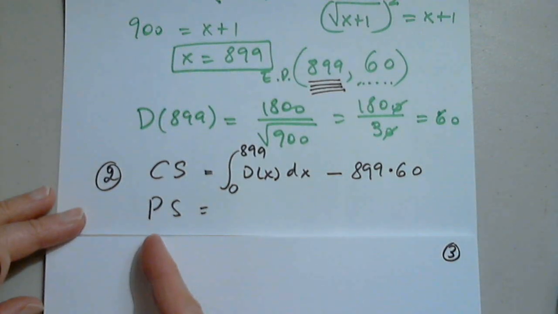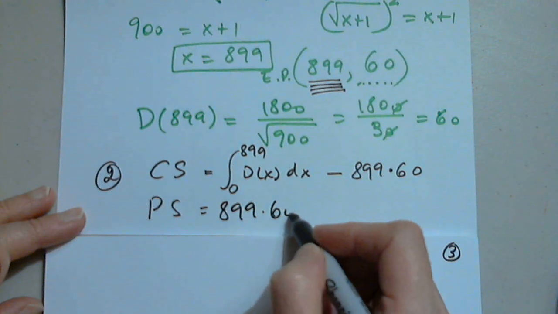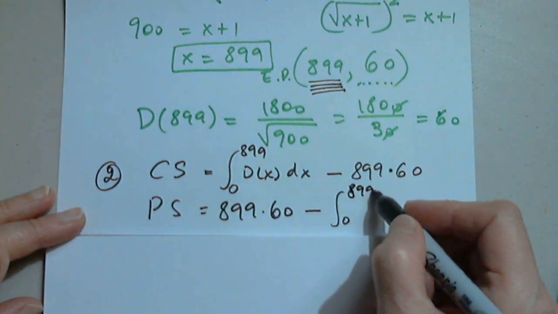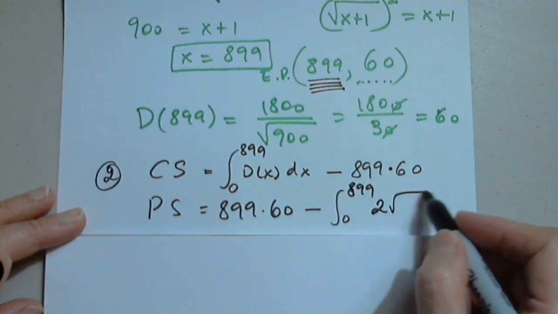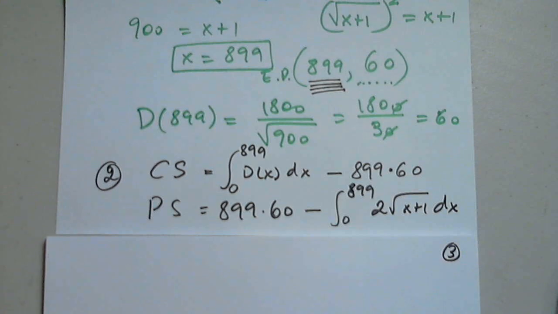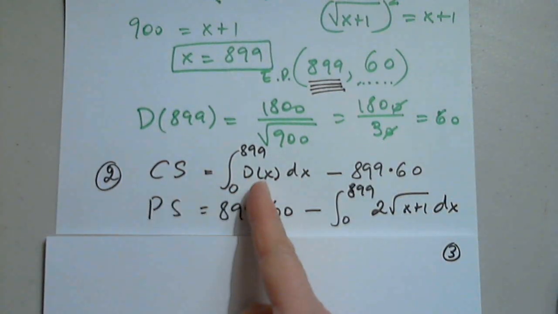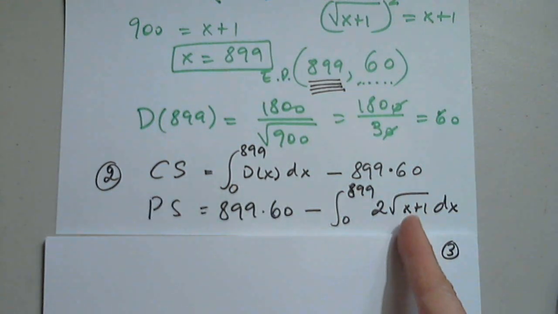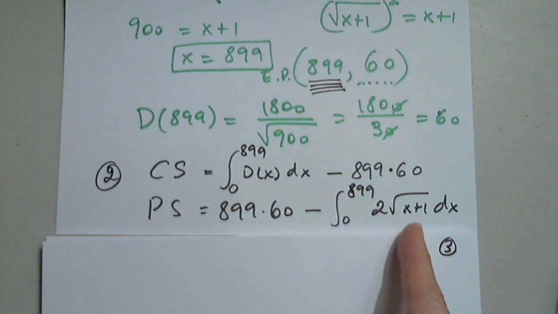The producer surplus starts with this 899 times 60 minus the same integral to 899, but not from this function, from the other function. The consumer surplus goes with the demand function. The producer surplus goes with the supply function, because that's the producer surplus. It goes with the other function.